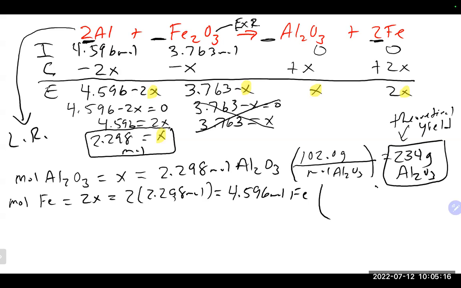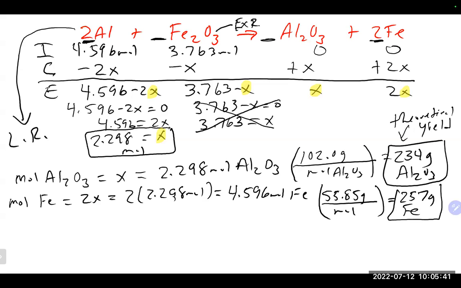Using the molar mass of iron from the periodic table, 55.85 grams per mole, that tells me that in addition to my 234 grams of aluminum oxide, I would also produce 257 grams of iron. So you can see very quickly, you could figure out how much iron you made.